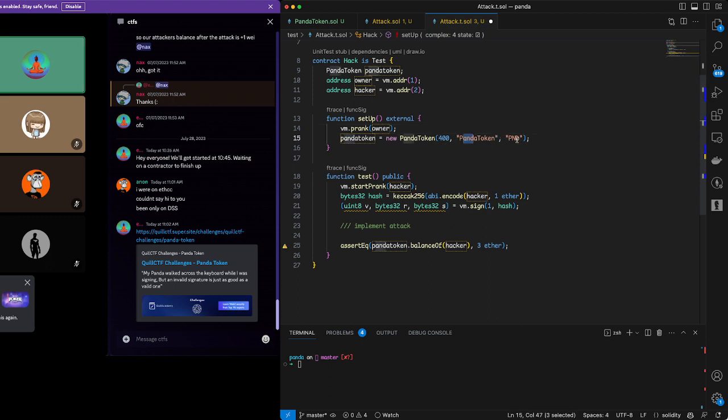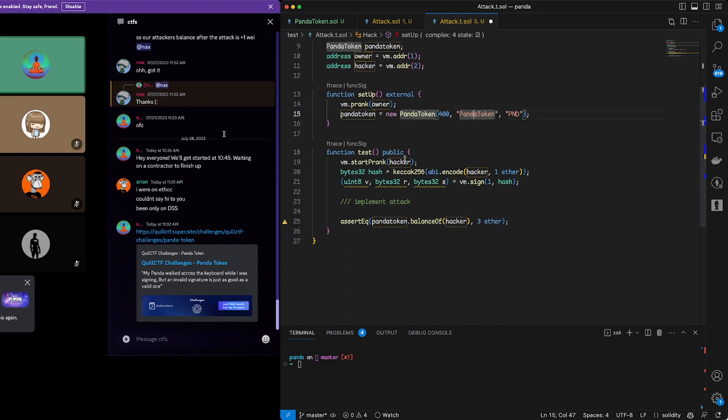So PandaToken, it's defining it PND, okay, and then test. They're making the caller the hacker. They are creating a hash by encoding the hacker and 1 ETH. So basically saying the hacker should be receiving 1 ETH. We're going to encode that, sign it. That's our message hash.